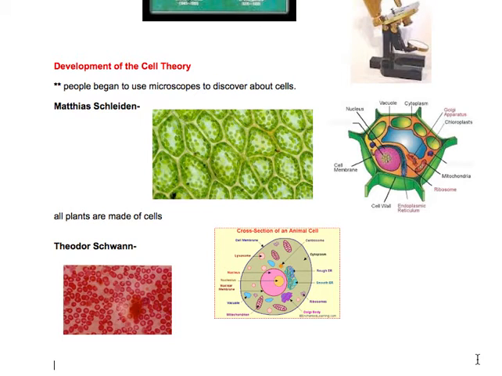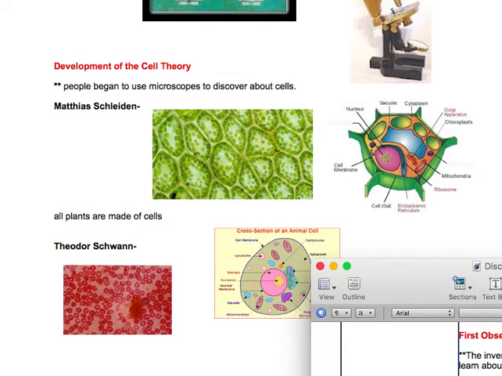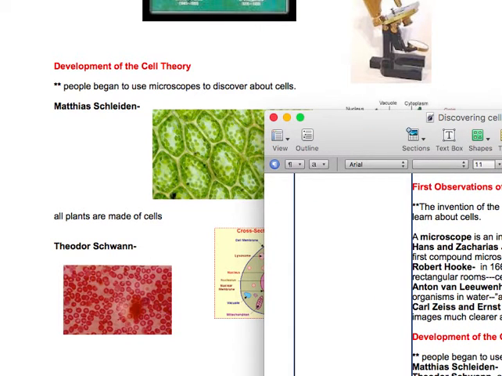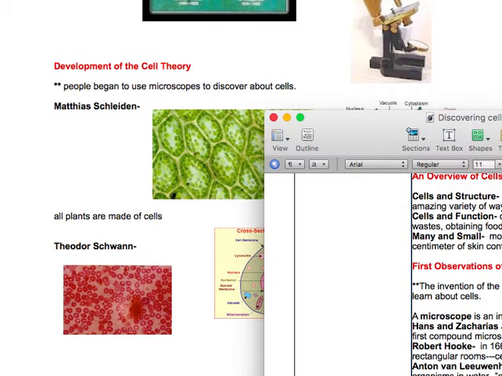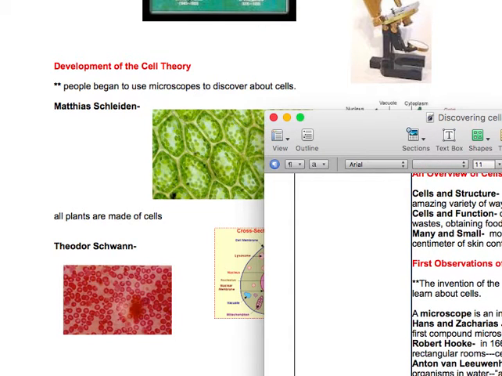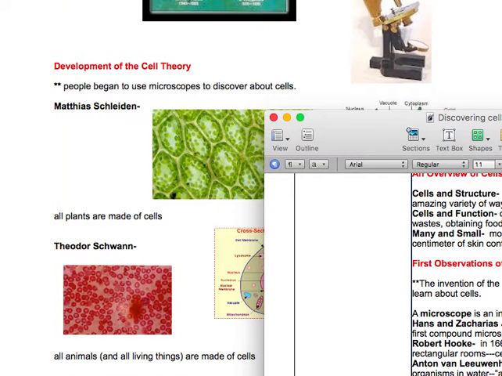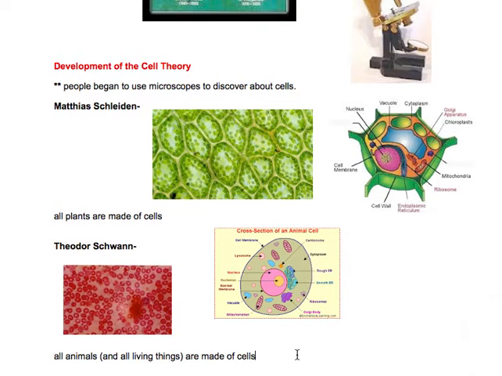I'm going to make a statement here that all animals are made up of cells. And guess what? If all animals are made up of cells, that means, wait a second, all living things are made up of cells. So he kind of was able to jump to that conclusion.